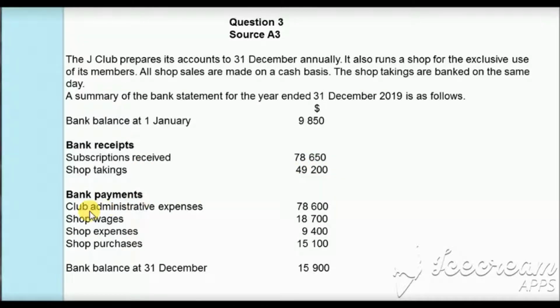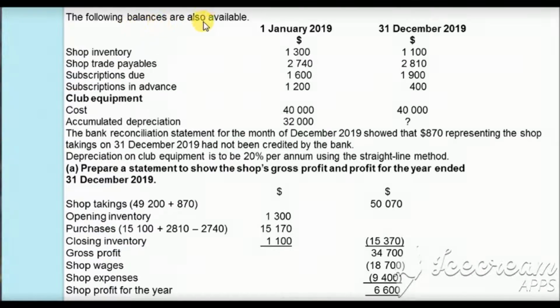Bank payments include club administrative expenses of $78,600, shop wages of $18,700, shop expenses of $9,400, and shop purchases of $15,100. The bank balance at 31st December is $15,900. The following balances are also available for 1st January 2019 and 31st December 2019.